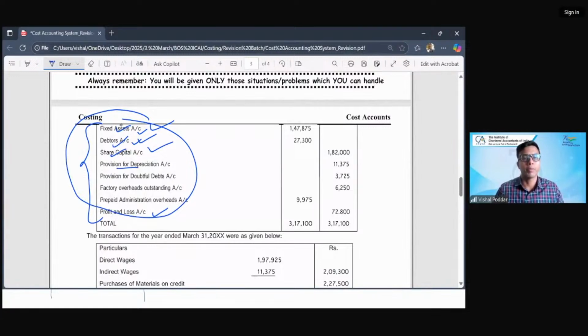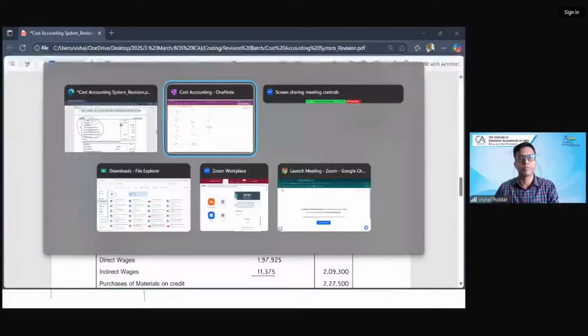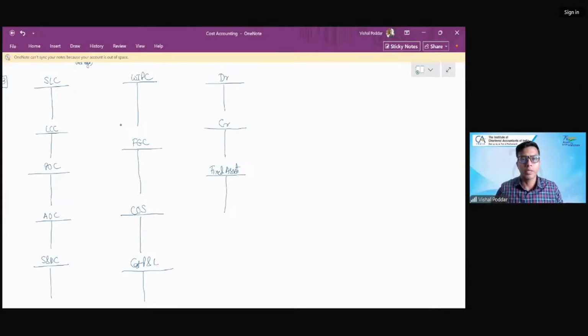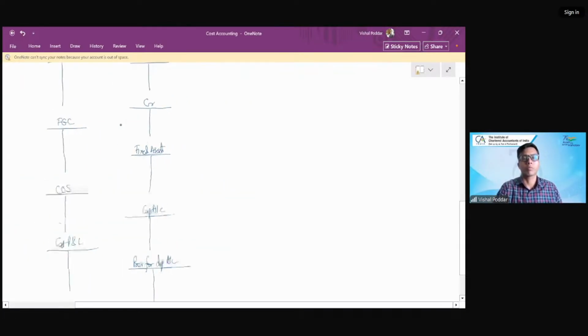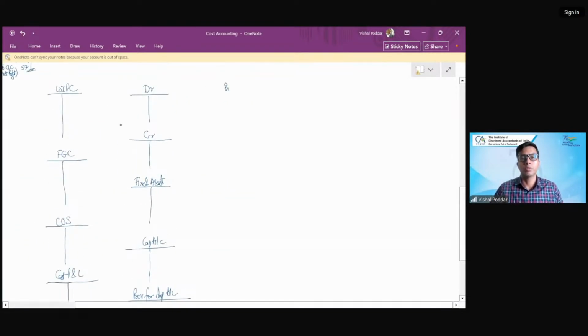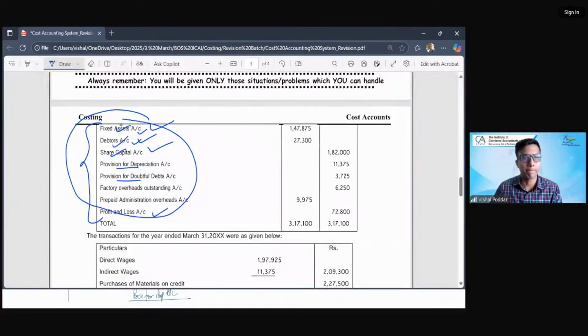Okay, now provision for debt, provision for doubtful debts. Fixed asset, capital, provision for depreciation, provision for doubtful debt, right?